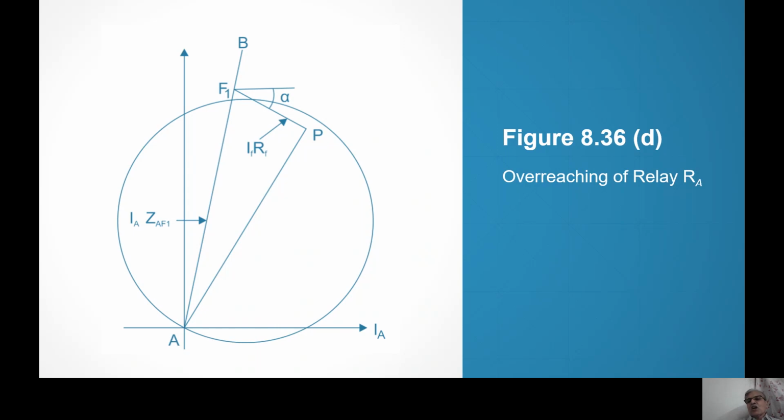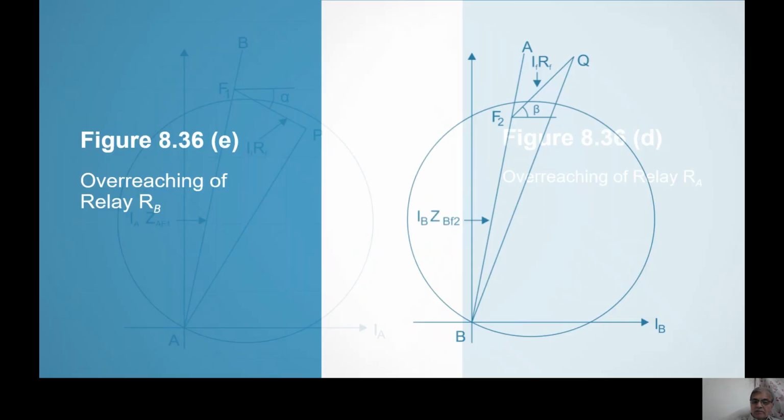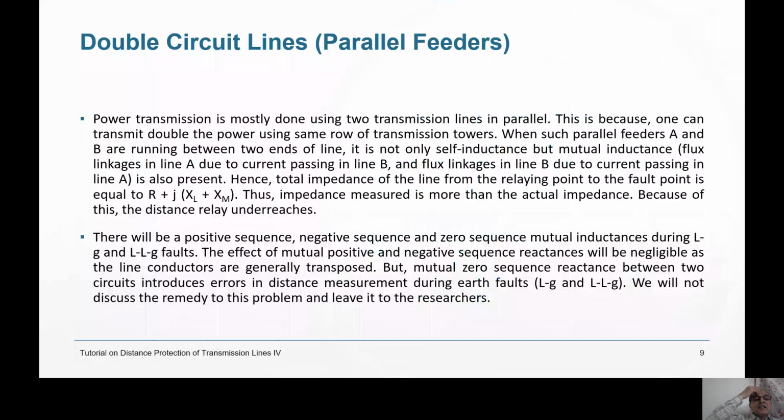That is ohm characteristic. So use two different ohm characteristics. That is the solution for such a problem. Right. So that is the line fed from two ends. So distance relay finds trouble there.